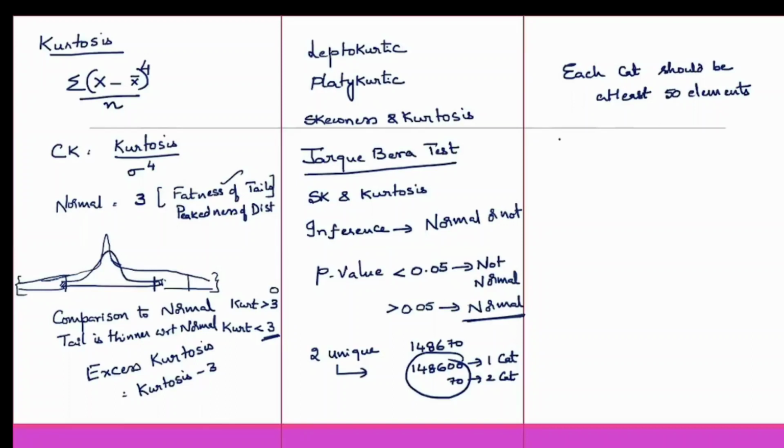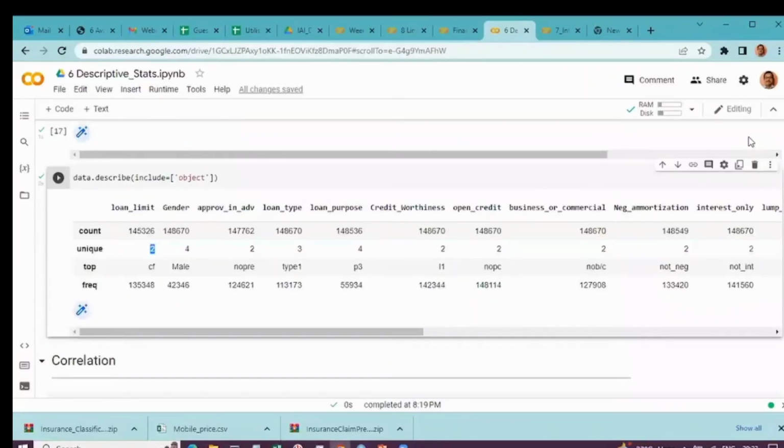Removing a category, possibly when it comes, we will look at it. So 50 or 70, you can just check, especially in a very big data set like this, possibly even 100 should be good enough. Let us see if there is any such scenario, then we will discuss it. The loan limit, okay, there are only two categories.